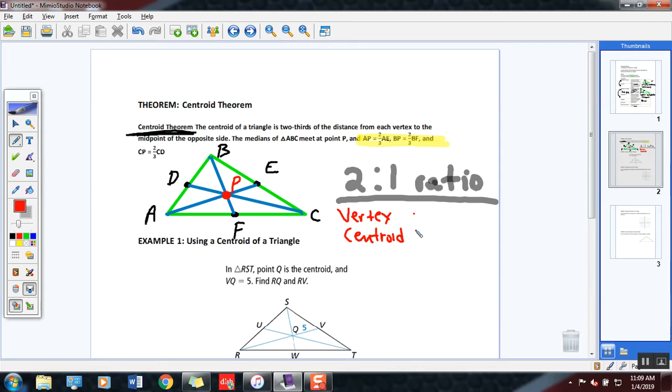Okay, I'm going from vertex to centroid, centroid to midpoint, in other words, right? So the ratio is like this. The distance from the vertex to the centroid is like the 2, and the distance from the centroid to the midpoint is like my 1. So let's put this into play, kids.